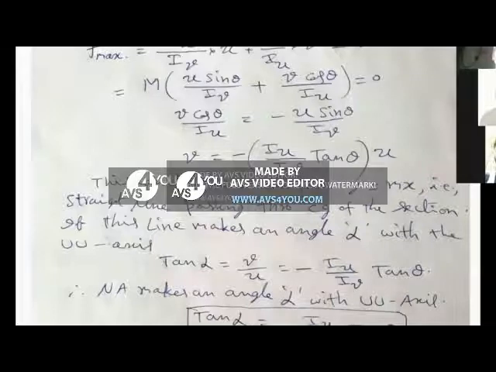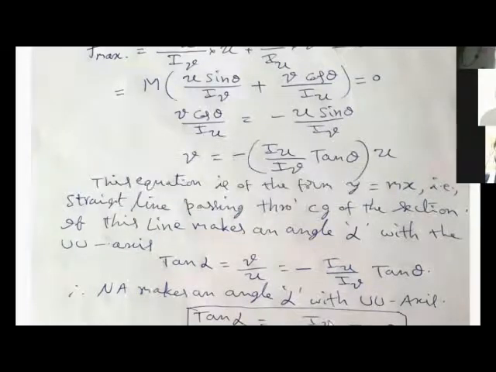So tan alpha equal to v by u is equal to minus Iu by Iv into tan theta, where alpha is the angle made by the neutral axis with the uu axis. Iu is the maximum moment of inertia, Iv is the minimum moment of inertia, or the moment of inertia about the uu axis and about the vv axis, and theta is the angle made by the uv axis with the plane of loading, or the XX and YY axes, right? So this is how you calculate the position of the neutral axis.